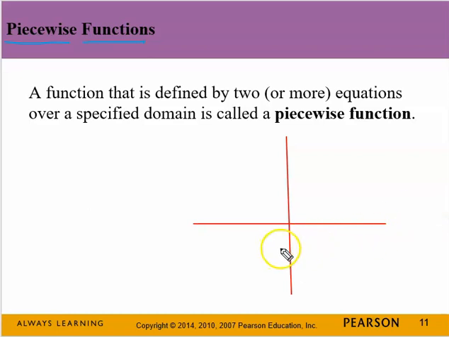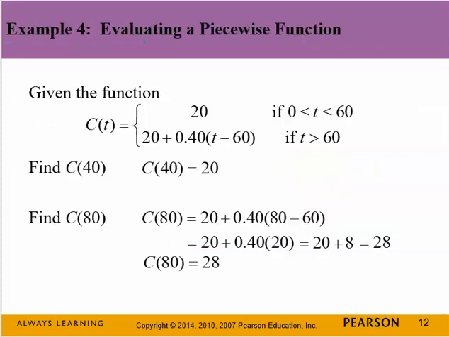We get a piece of a graph where something may look like this, and then something may look like this. That both are on the same graph. It's pieces of things, and they give you certain restrictions that you must follow when you do the graphing. So let's go on to our next slide, and we see this is example 4.